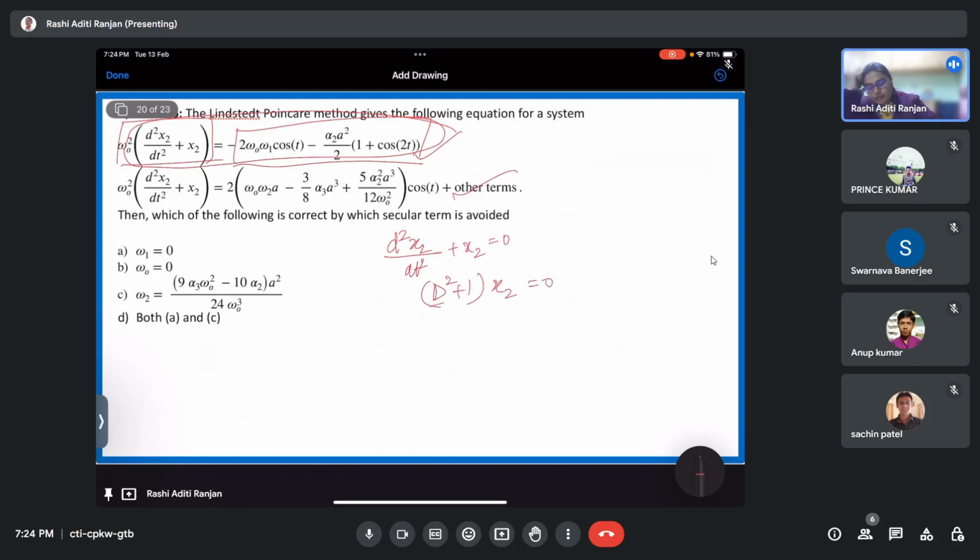From here, I can get the value of d, and then I can write the complementary function like c1 e to the power. What am I going to get? This will be iota. d square is minus 1, so d is going to be plus minus i, isn't it? So what will it give me? It will give me the response of the system. I'll write the response as c1 e to the power minus of it and c2 e to the power plus of it like this.